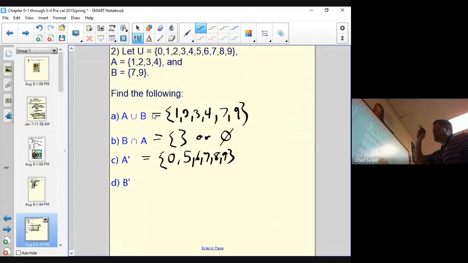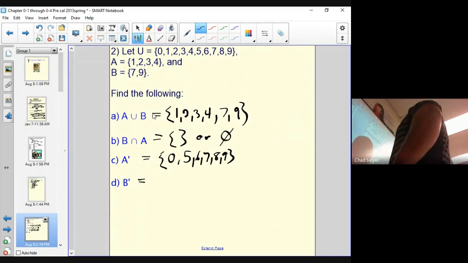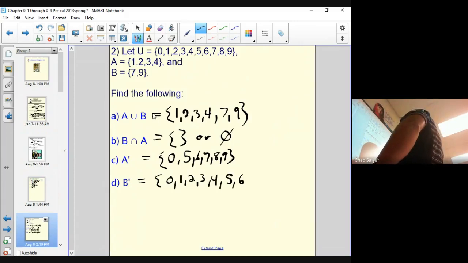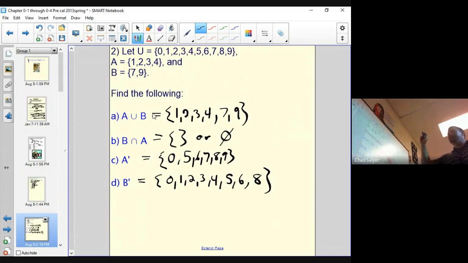Every element in the universal set, but not in A. B's complement. Well, 0, 1, 2, 3, 4, 5, 6, not 7 because 7 is represented, and 8. And not 9 again because 9 is there. So this is B's complement. So that's how you find the union, the intersection, and the complement of a set.